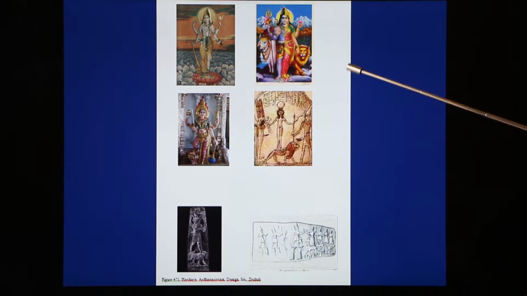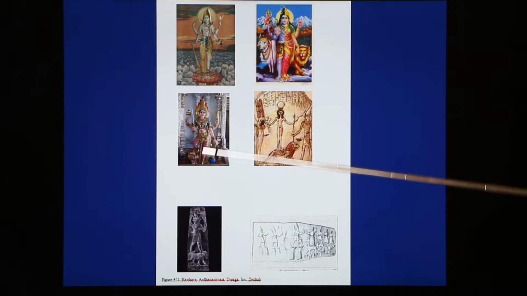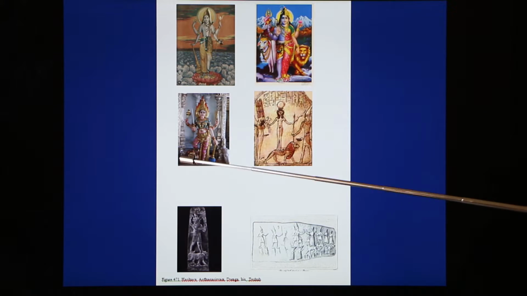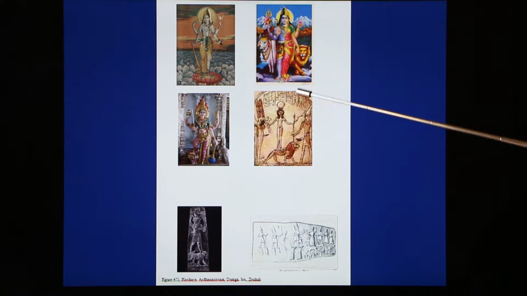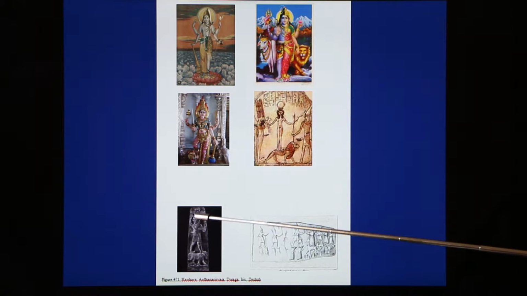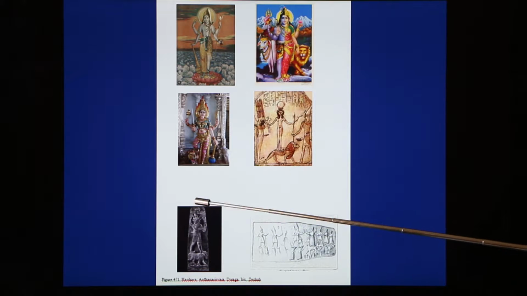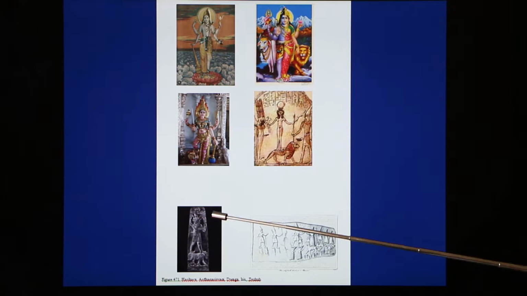And then we get Durga standing with a lion. If we go to Egypt, we see Isis standing on a lion. And we go to Turkey, and we see Teshub, the storm god, standing on a lion.